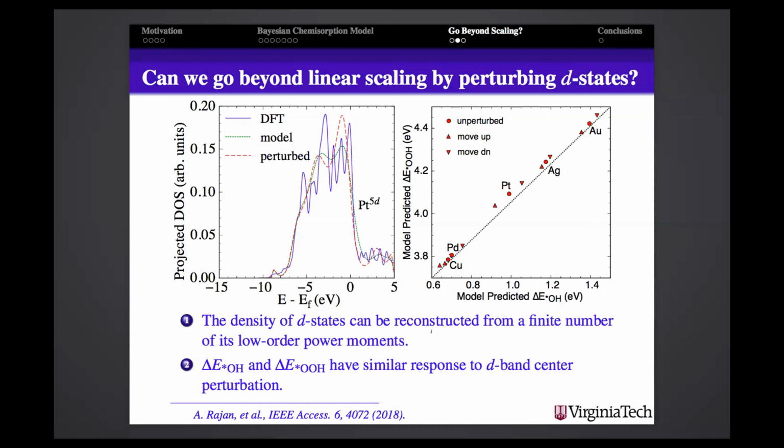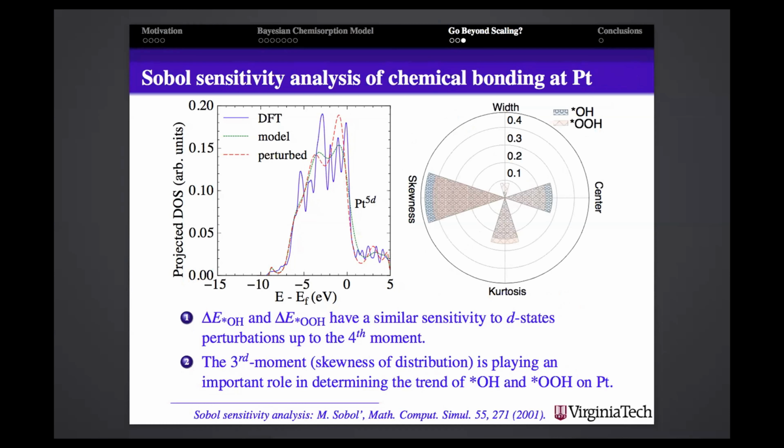We also did this for all the other moments, shown here on the right. We can perturb not only the center, but also the width, skewness and kurtosis of the d-state distribution separately. This sensitivity analysis shows how the adsorption energy of different intermediates responds to electronic structure perturbation. The two adsorbates have almost similar sensitivity to d-state perturbation up to the fourth moment, and above the fourth moment is really difficult to manipulate in catalyst design.